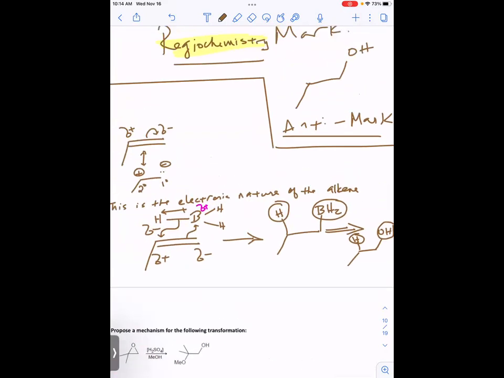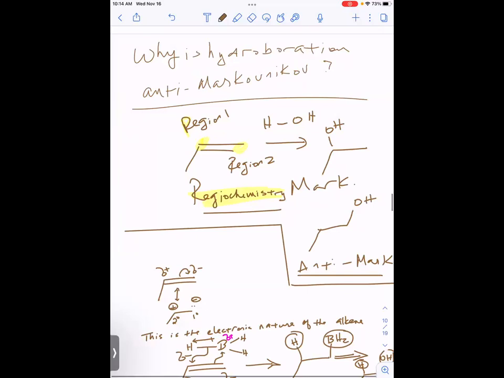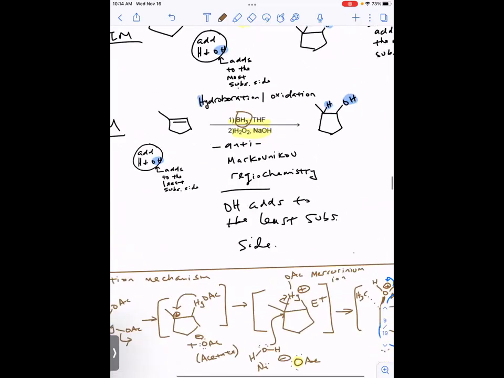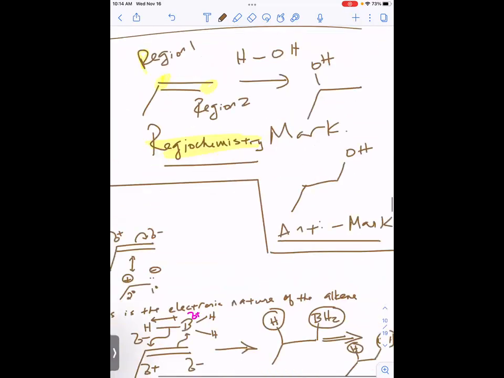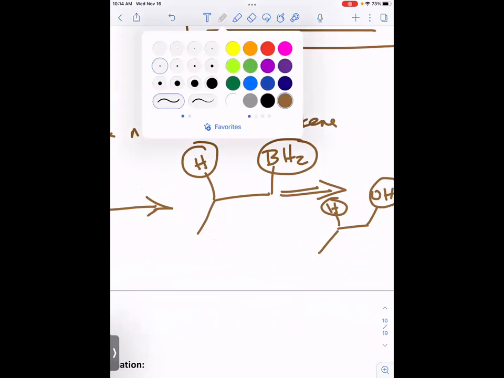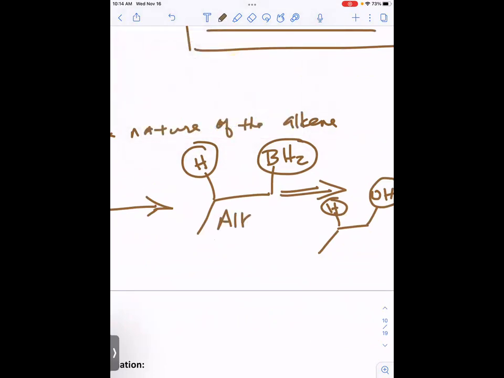The other thing about hydroboration is the stoichiometry, because this here, alkyl borane, right? I can add another alkene to that because I have 2 hydrogens left on there, right? And if you watch that video, you saw the fact that I can make that alkyl borane.